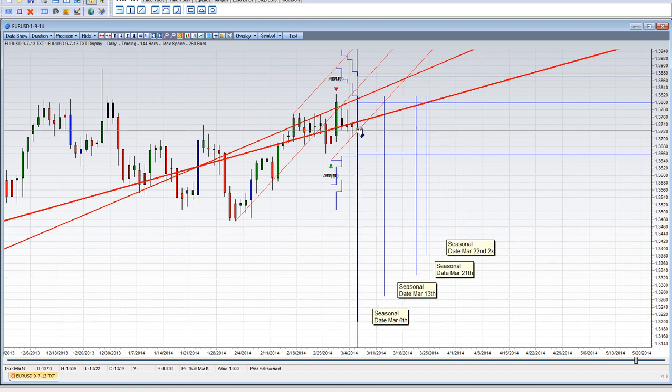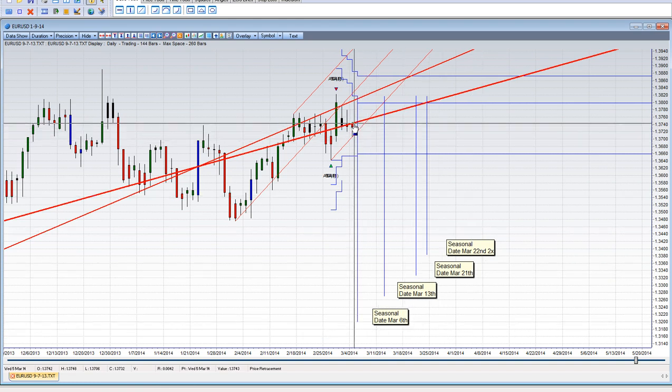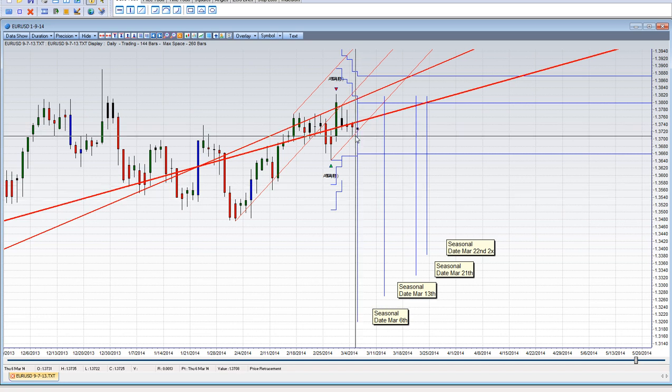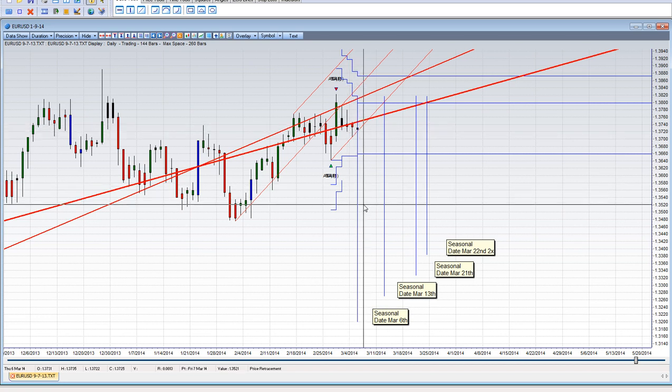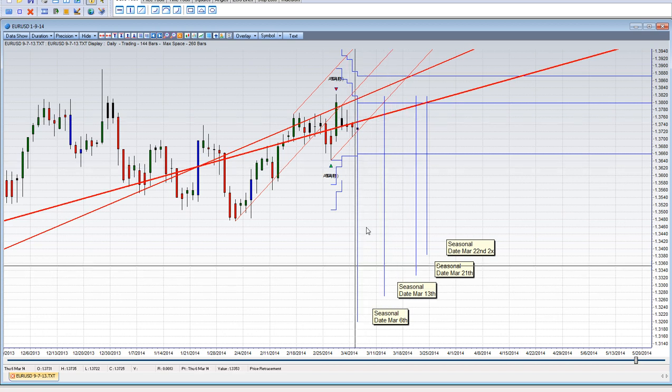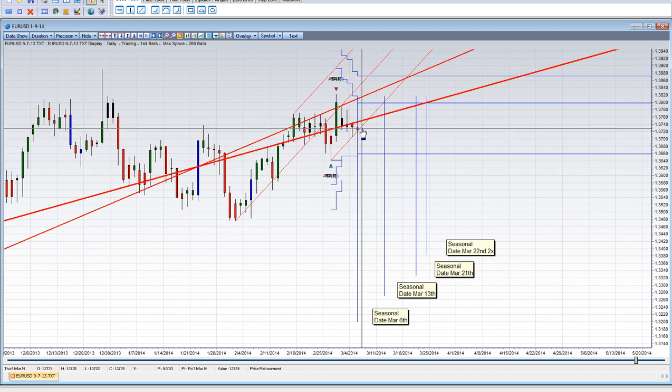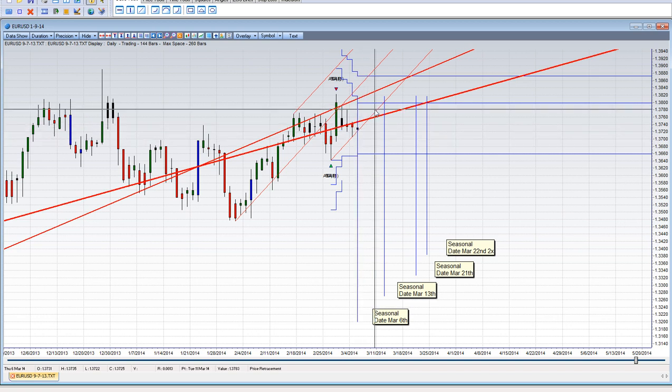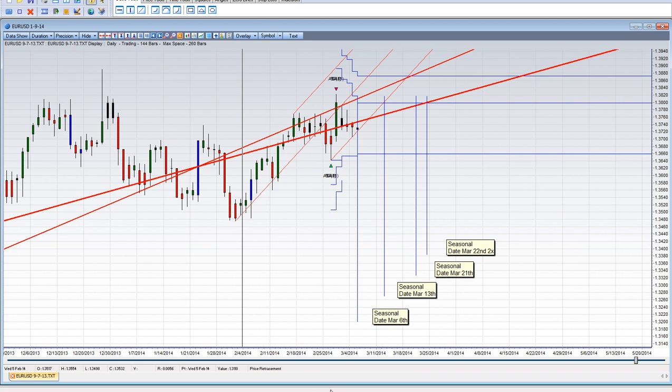Today's the 6th. Should be interesting what it's going to do. Can it push down? Yeah, it could push down. It could take out that low and trend all the way down. It could do whatever it wants, but I'm just kind of speculating with some calculations. So I want to see if it turns out right. If not, then I need to continue tweaking and try to get it better.